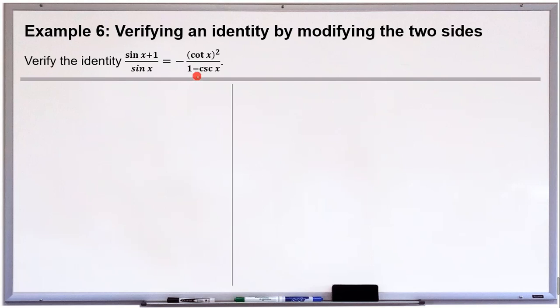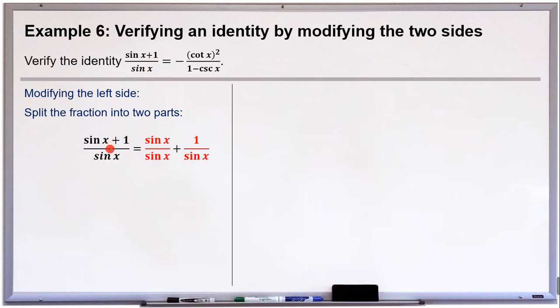Now let's start with the left side. For the left side, we have sine x plus 1 over sine x. We're going to split the fraction into two parts. So it will become sine x over sine x plus 1 over sine x. Simplifying further, sine x over sine x becomes 1. Then 1 over sine x is equal to cosecant of x, the reciprocal of sine x.